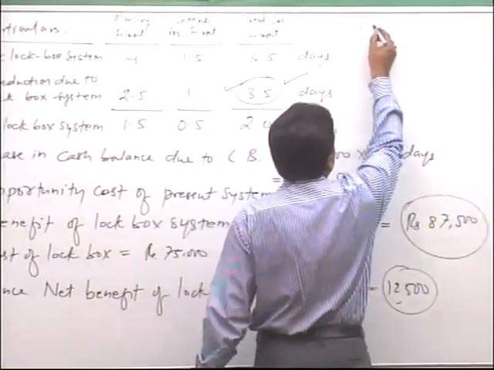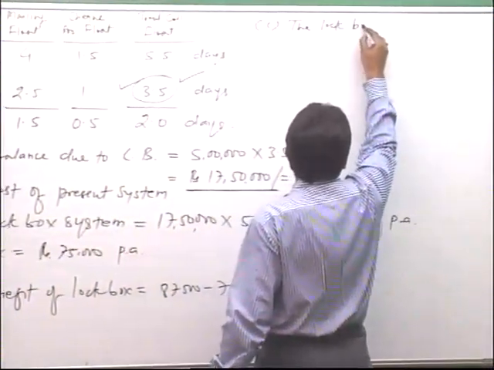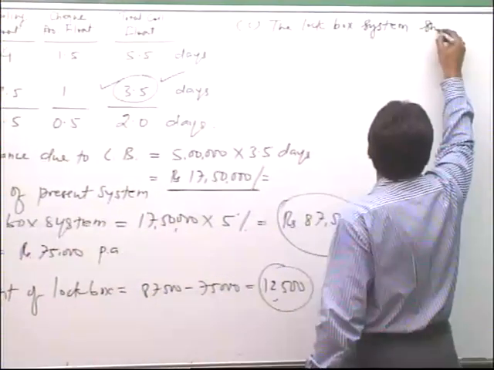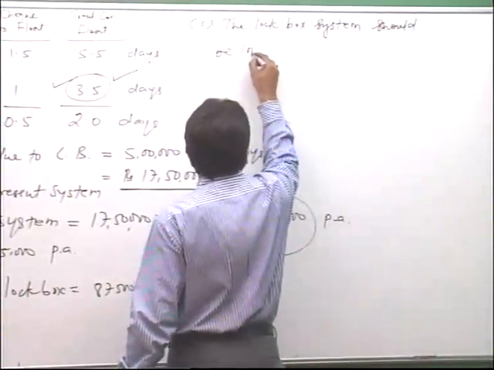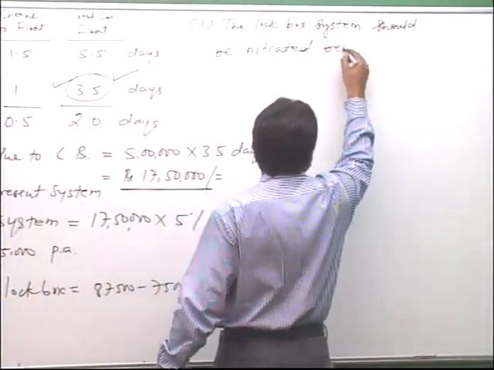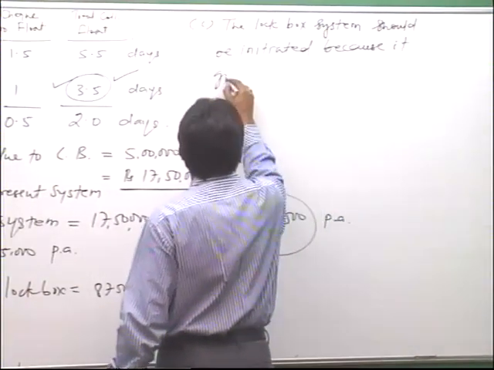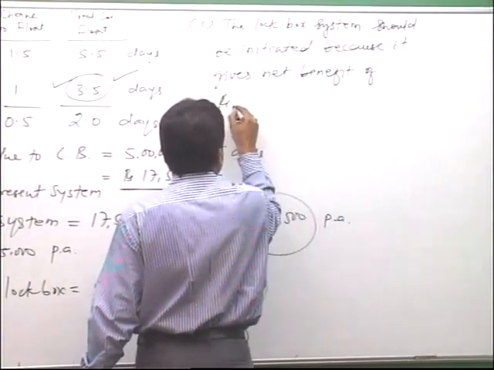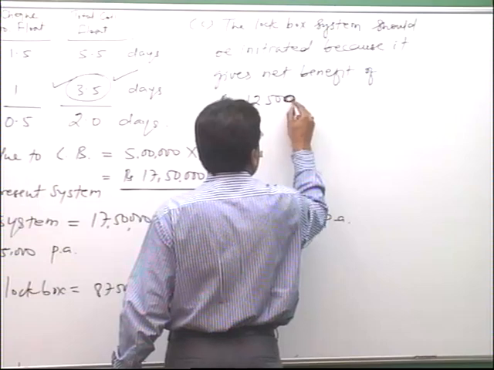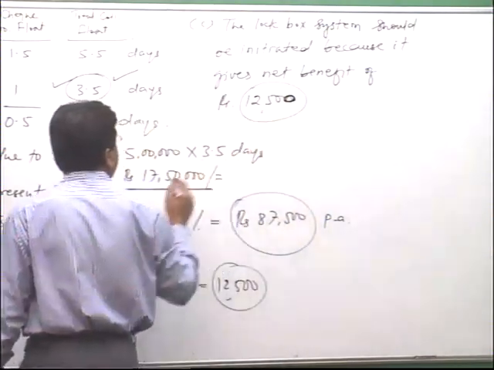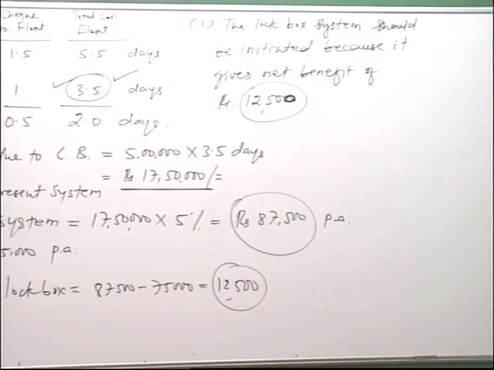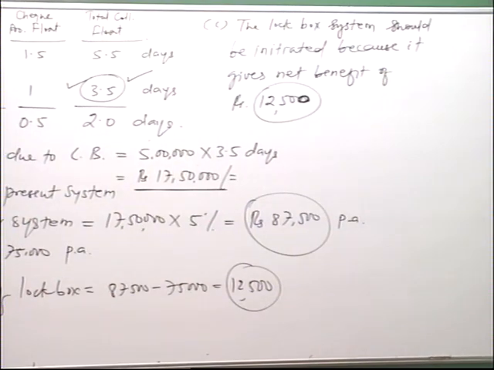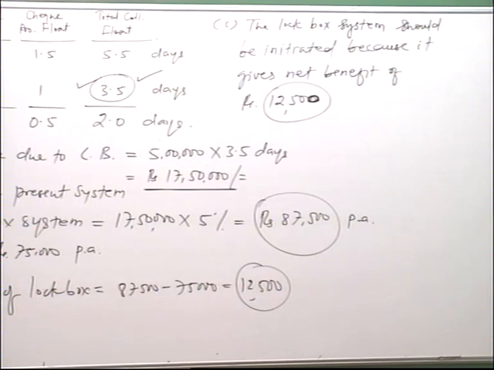The conclusion is the lockbox system should be initiated because it gives a net benefit of rupees 12,500. By this we finish question number 8.